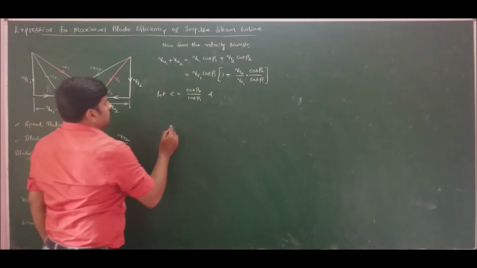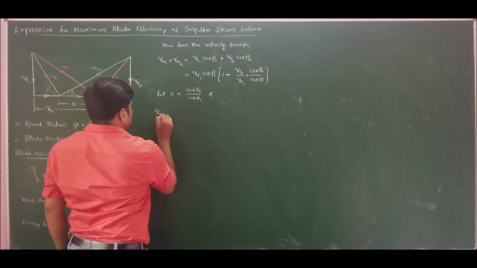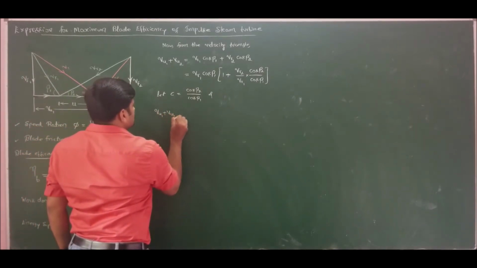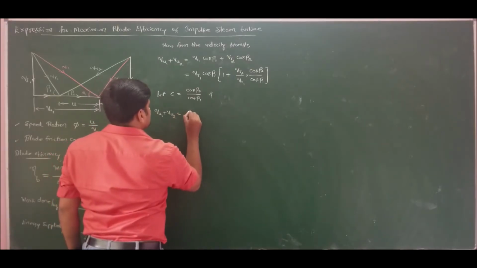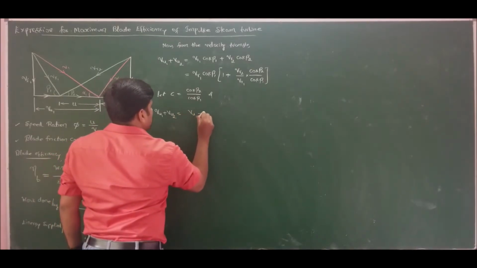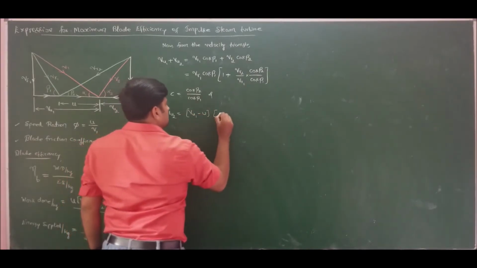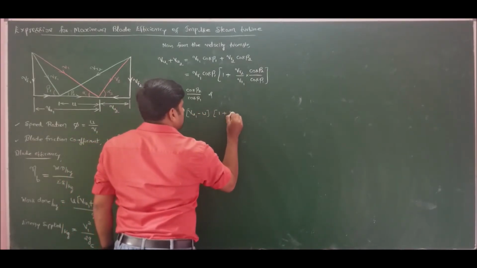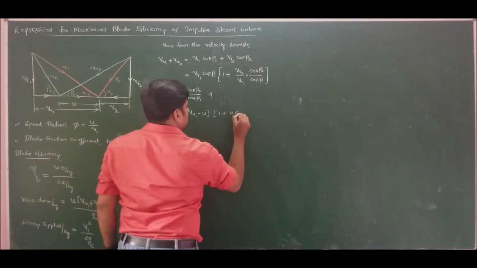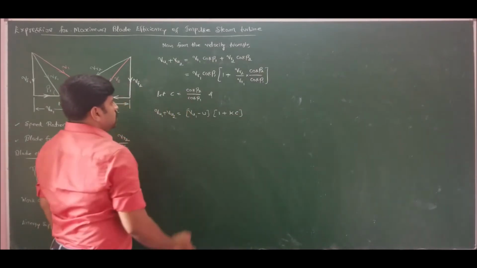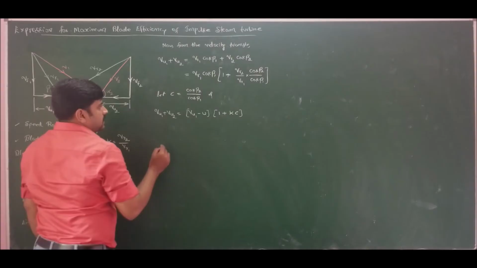So therefore I can write VU1 plus VU2 as VU1 minus U into 1 plus blade friction coefficient K into the constant, that is the ratio of cos of blade angles.